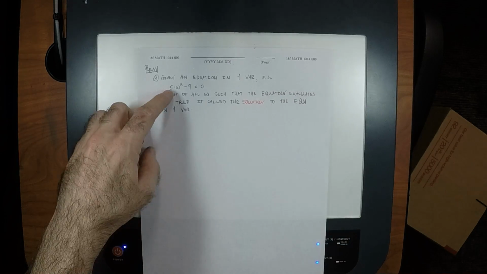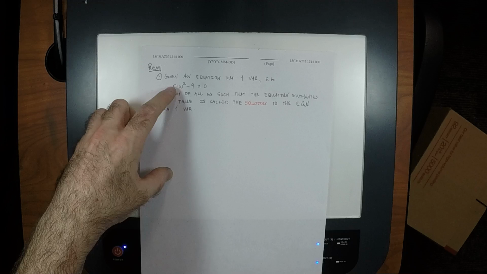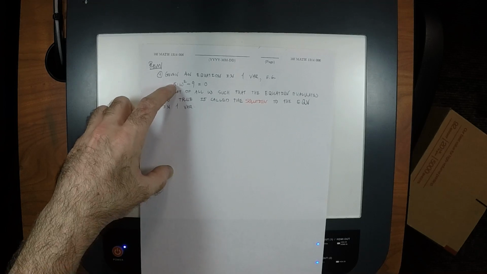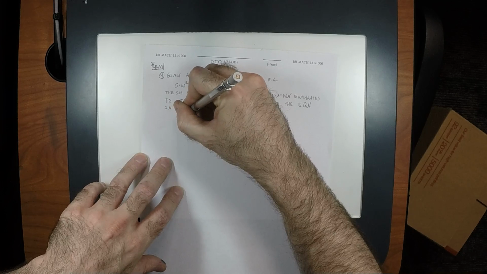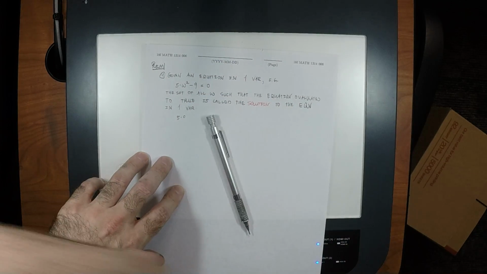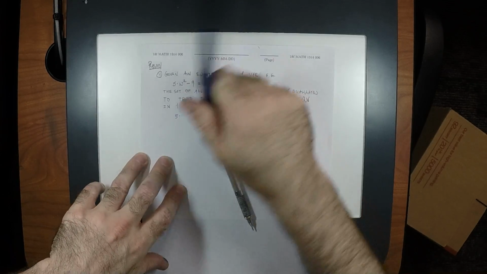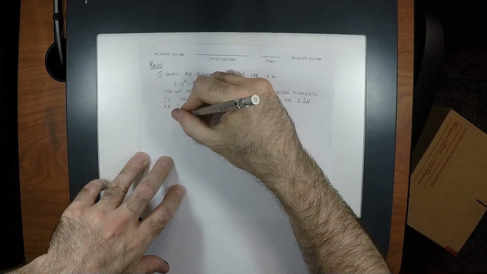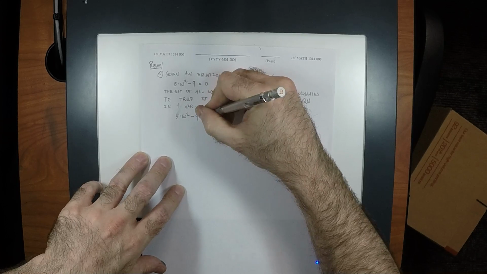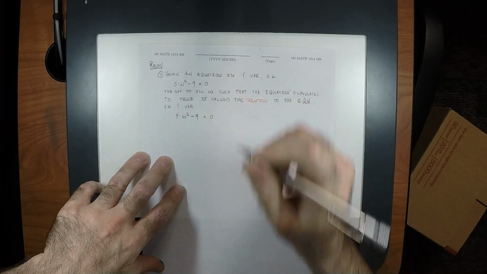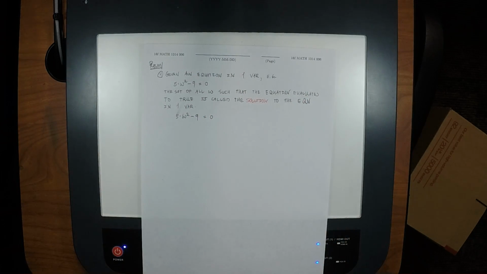So again, continuing this example, I'm going to solve it. We had a question that wasn't exactly this, but was related to this, that you already turned in: 5w squared minus 9 equal to 0. In fact, there wasn't an equation in it.